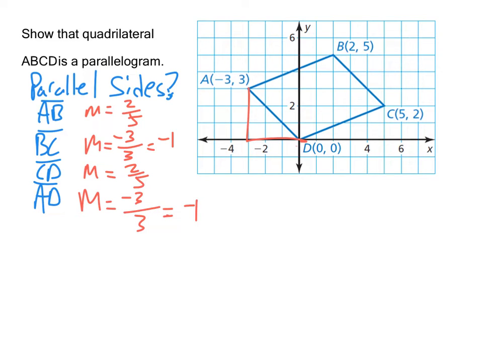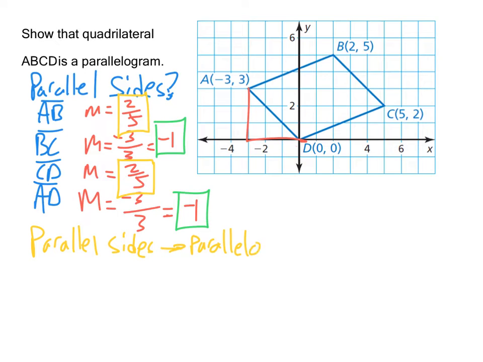So that's going to give us our slopes. We can find all of our different slopes here. We've got -3 over 3, -3 over 3, 2/5 and 2/5. And these opposite sides have the same slope, so they're parallel. That means it's a parallelogram. All right, so we've proven parallel sides.